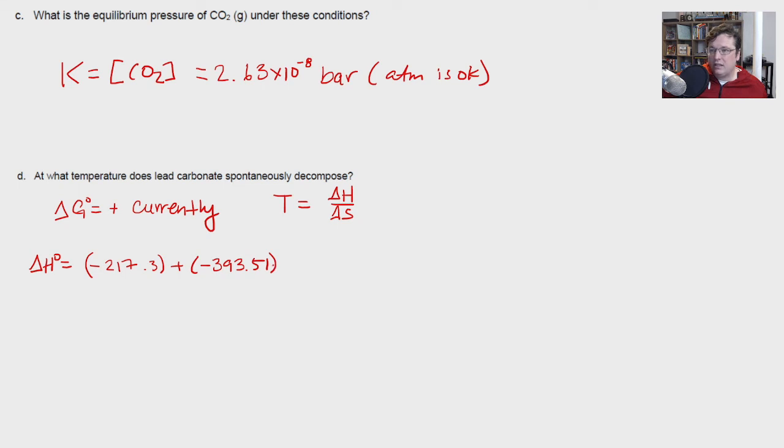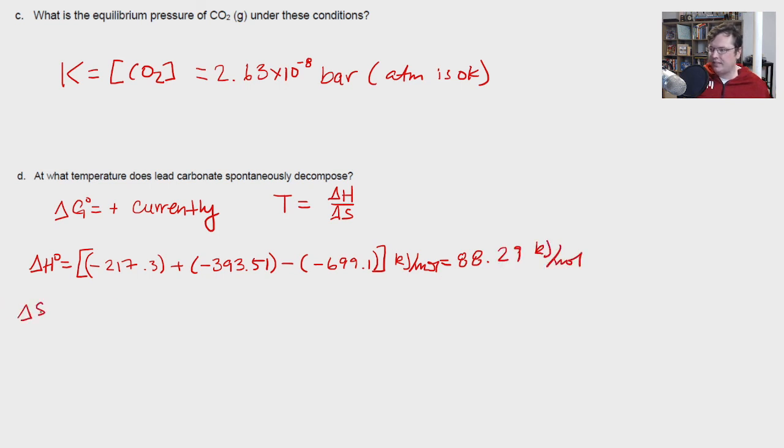So that's the lead oxide and then the CO2 gas, and we subtract out the reactant, lead carbonate, which is negative 699.1. All of these have units of kilojoules per mole. So we take that, plug that in, so we have negative 217.3 plus negative 393.51 minus negative 699.1, and so what we get is 88.29 kilojoules per mole.